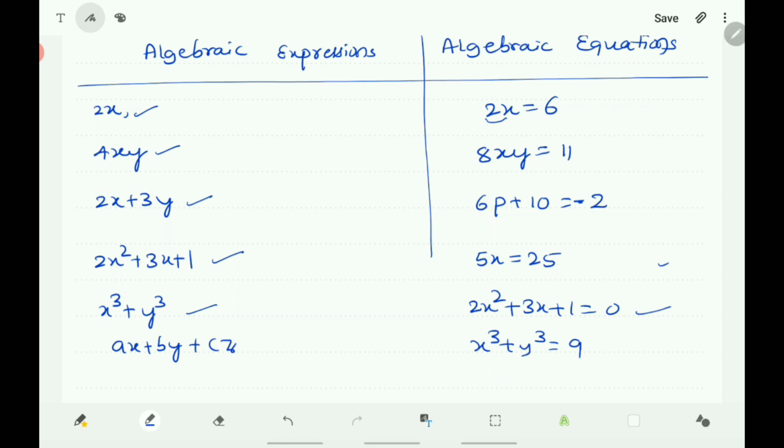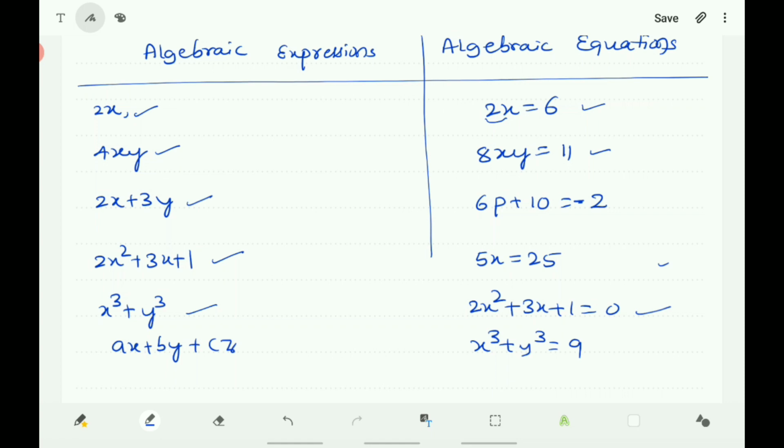If you consider the algebraic equations, see 2x equals 6. Here there is only one variable, that is x. In 8xy equals 11, in the expression 8xy there are two variables x and y. In the algebraic equation 6p plus 10 equals minus 2, there is only one variable p.